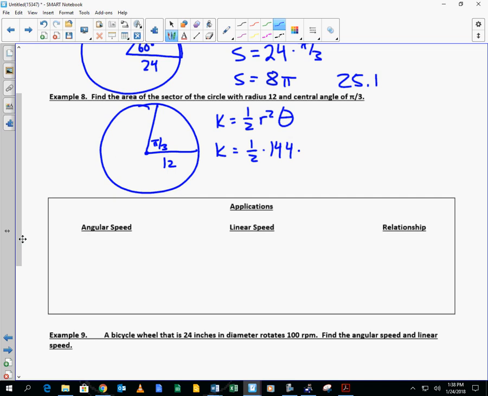Do I have to convert pi over 3 to radians? No, it's in radians, isn't it? So 1/2 times 144 times pi over 3. What's 1/2 of 144? 72. What's 72 divided by 3? 75 divided by 3 is 25, so 72 divided by 3 is 24. So we got 24 pi. And that's it.